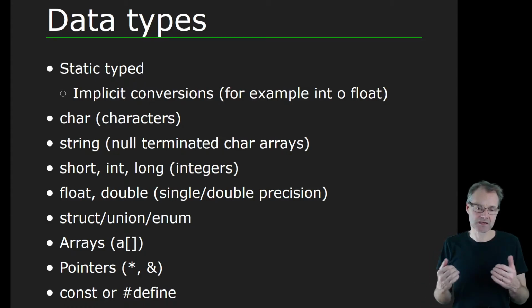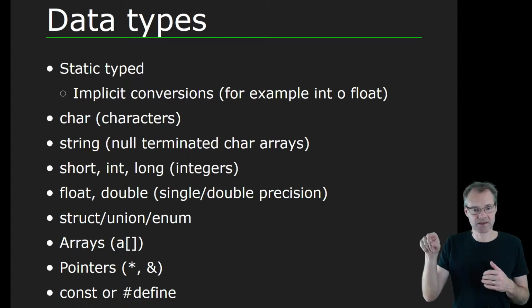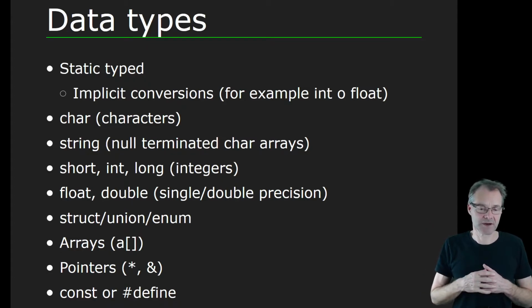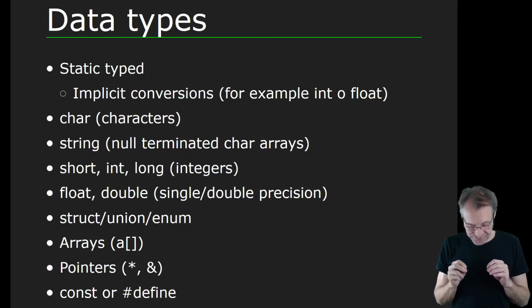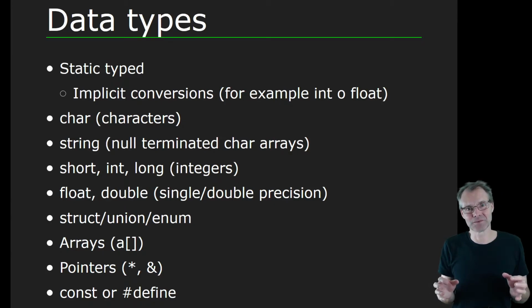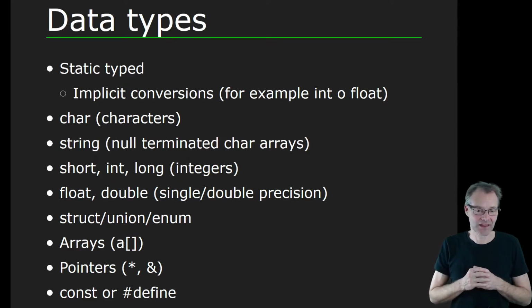But if you get the star and the address-of operator in order, we will learn how to tell those apart and how to use them, and then I think you will be quite comfortable with the pointers area also.